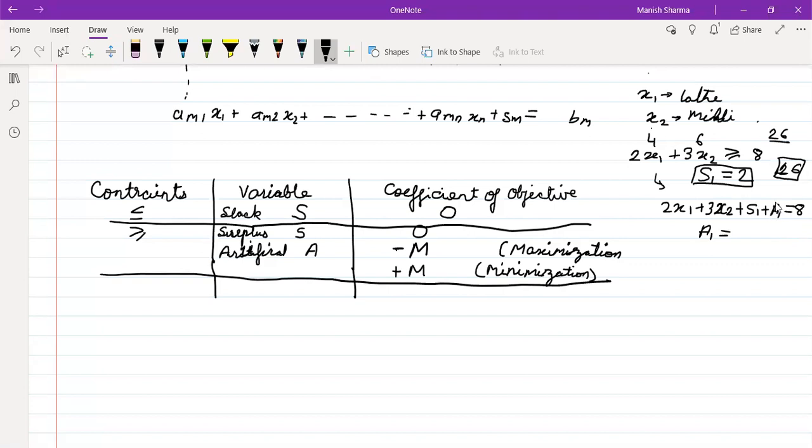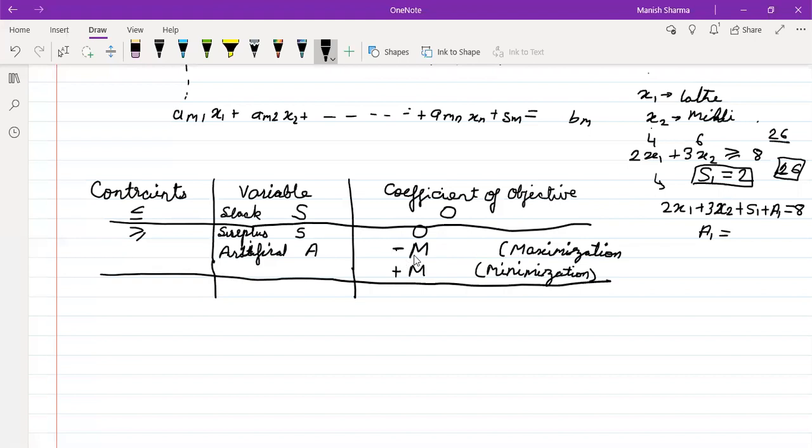Now when an artificial variable is kept into the solution, we don't want these artificial variables, we don't want to underutilize the machine. That is why we add such a heavy penalty to this artificial variable that it should not be included into the solution. That's why we are adding a minus M for maximization.